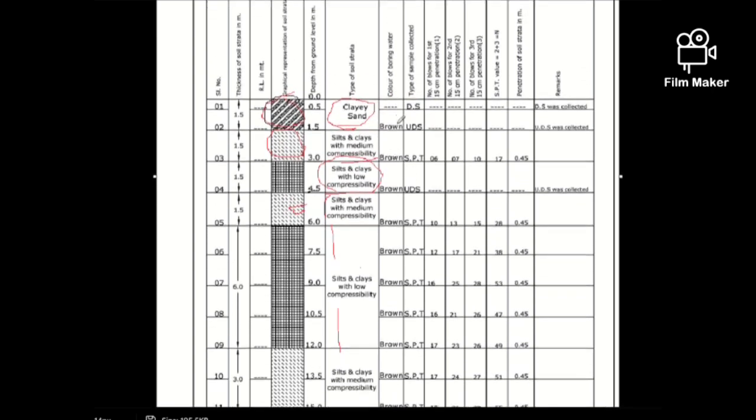And then also color. During sampling, we have to notice which color we find in the field as per depth.